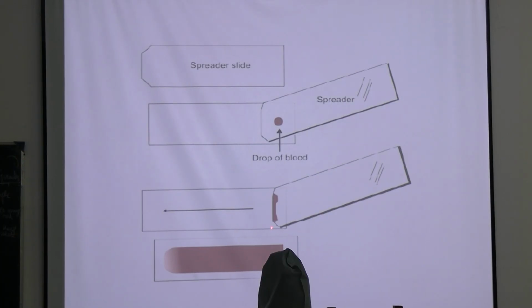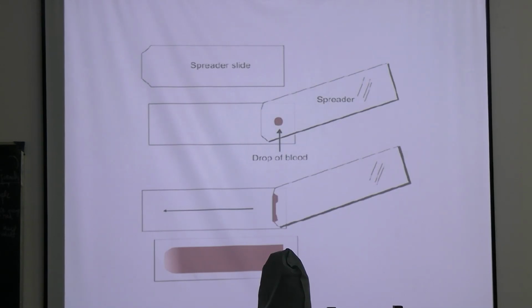This edge will come here, not here or here. So that if you want to find anything on the edge under the microscope, you will be able to see it. But if it is here, you will not be able to focus properly.